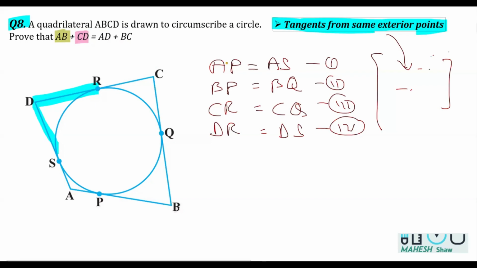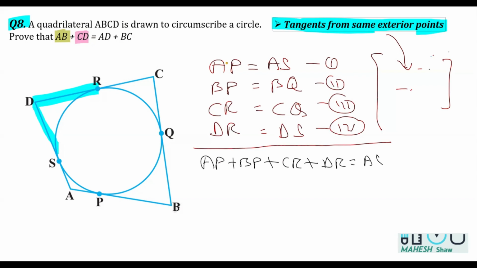Now, after that, I'm going to add these equations. On adding these equations, what you are going to get, if I write this, it's AP on the left-hand side, AP plus BP plus CR plus DR. On the other side, it is AS plus BQ plus CQ plus DS.